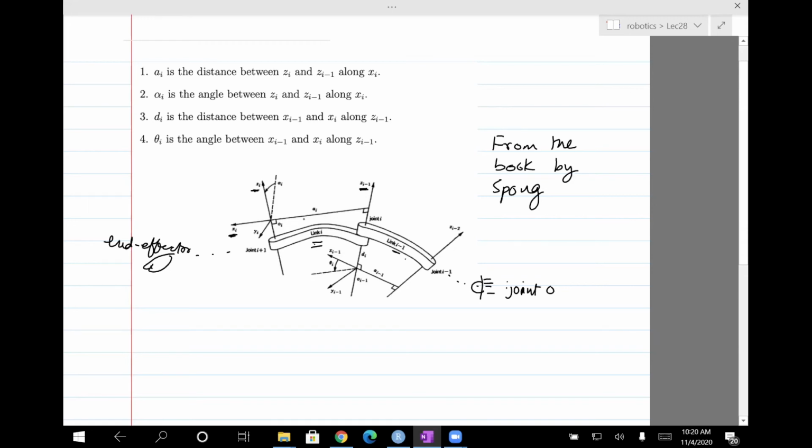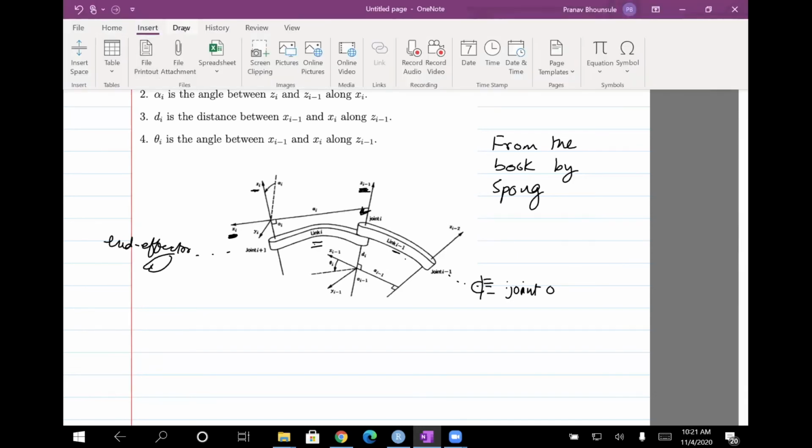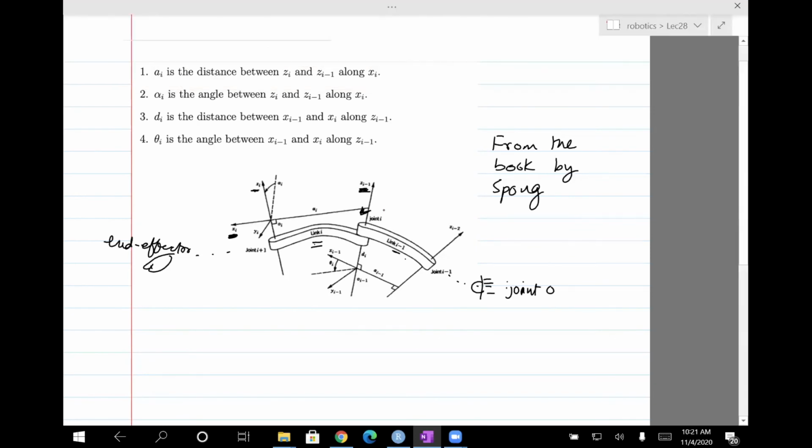Okay, and so this is basically saying that the two assumptions were x i intersects z i minus 1, and x i is perpendicular to z i minus 1, which is shown here. So this is assumption number 2, and then the intersection, put it this way.